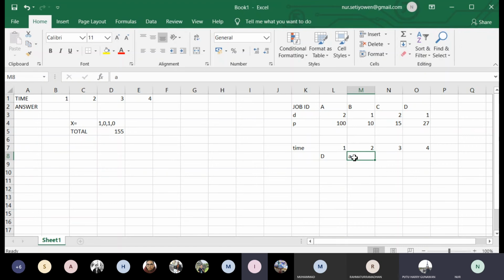Okay, so what you do first? Do you remember what you do first? First sort, right? Sort the table.